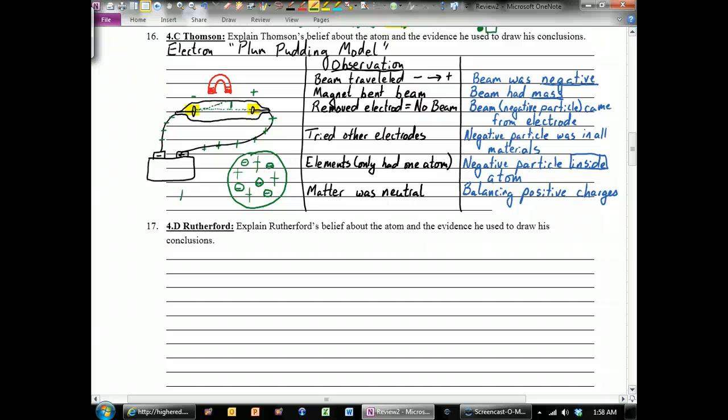His model was called the Plum Pudding model because he believed that the negative particles were the plums, or like raisins, embedded inside of this sticky positive charge. This was different than Dalton's idea of the atom, because now JJ Thomson had shown that the atom had structure or parts. And so he started people experimenting to try and figure out exactly what it looked like inside of the atom.